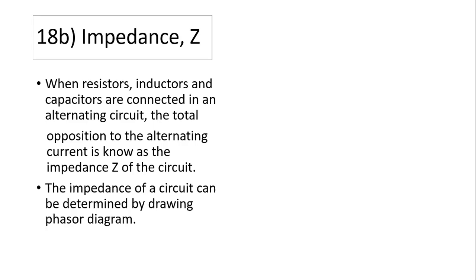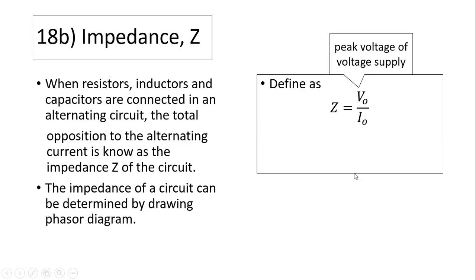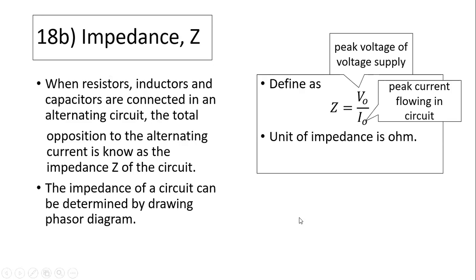Impedance of a circuit can be determined by drawing a phasor diagram. So we define Z as the peak voltage of the power supply over the peak current flowing in the circuit, or root mean square if you want to. The unit of impedance is the same as resistance, ohm.